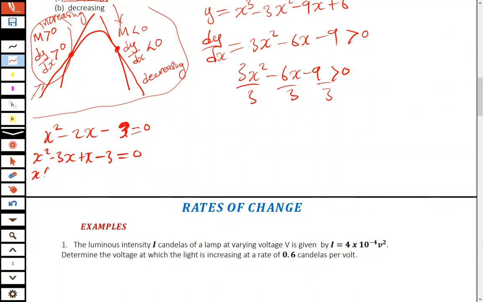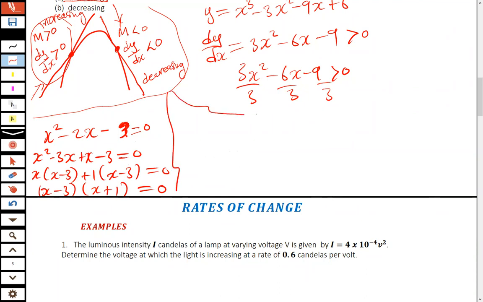Then from there we say x is common, so we have x minus 3, then plus 1 times x minus 3 is equal to 0. So we're going to have x minus 3 there. We'll also have x plus 1 is equal to 0. Then after finding that, we can now find the values of x.